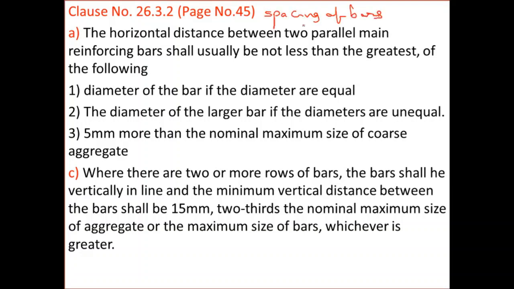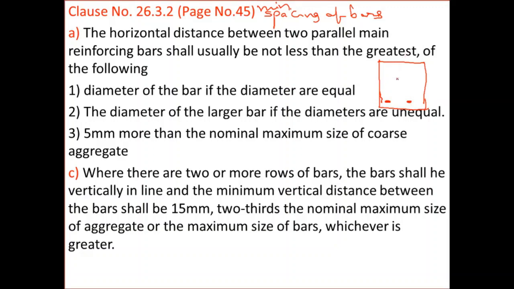And this clause is especially the minimum spacing of bars. Now consider a beam like this; in the beam we will keep the main reinforcement like this.